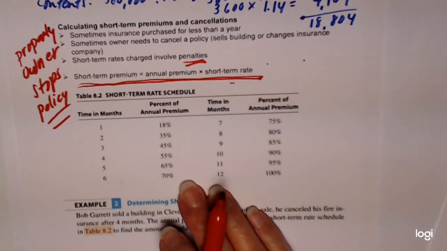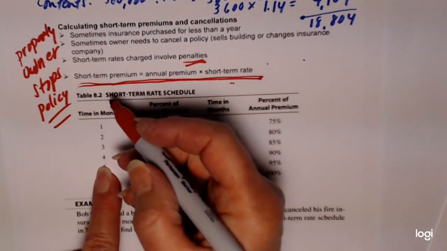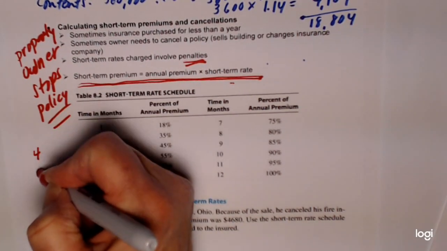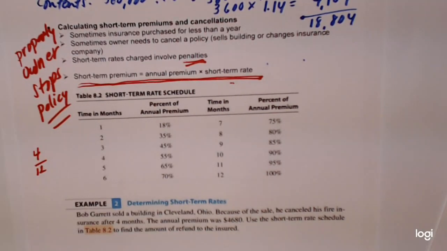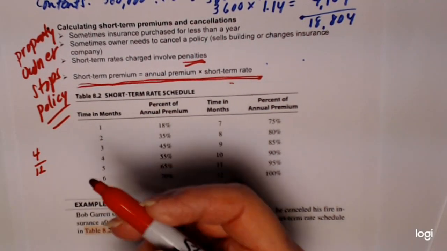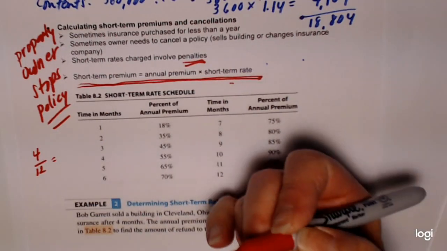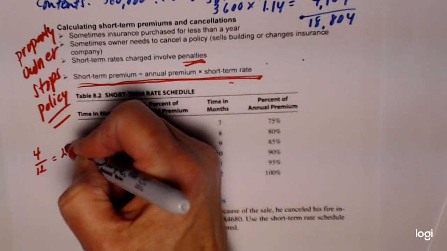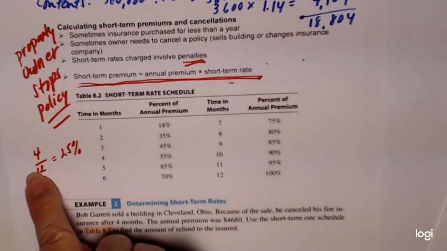So let's take a look quickly here. Let's say you want out after 4 months. If we looked at 4 months out of 12 months, so 4/12, well, that's our portion of the year that we've had insurance for. 4/12, written as a percent, that's 25%.